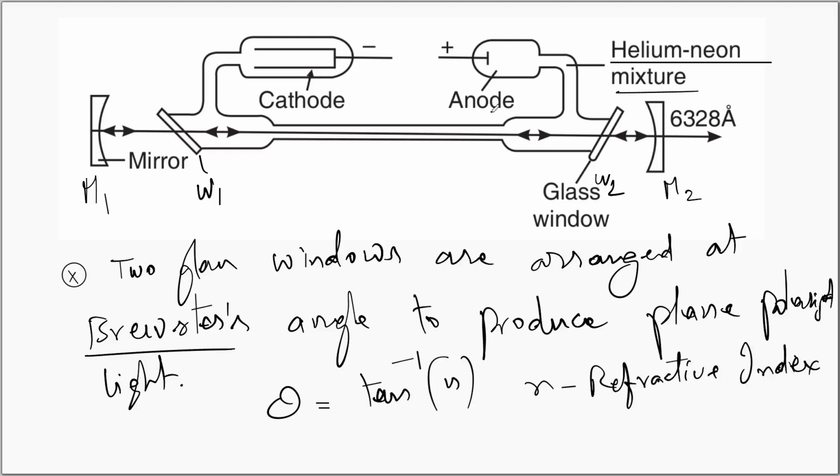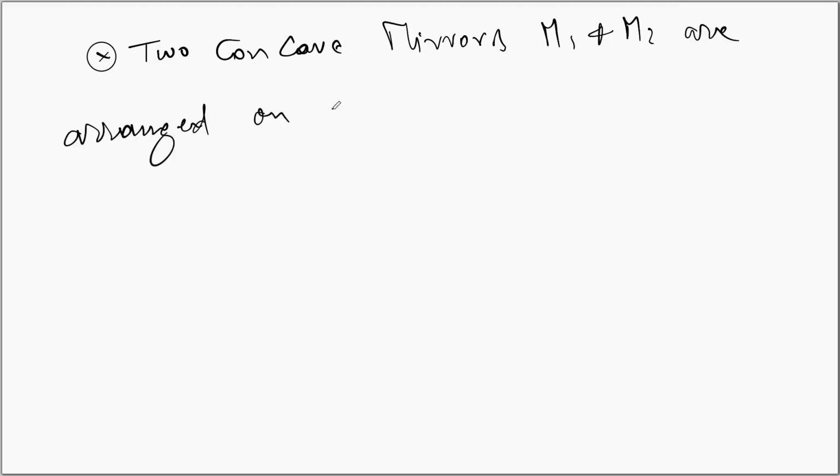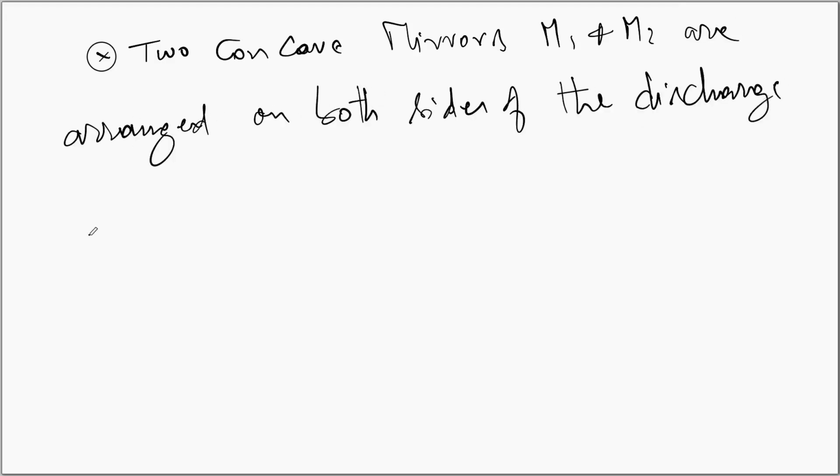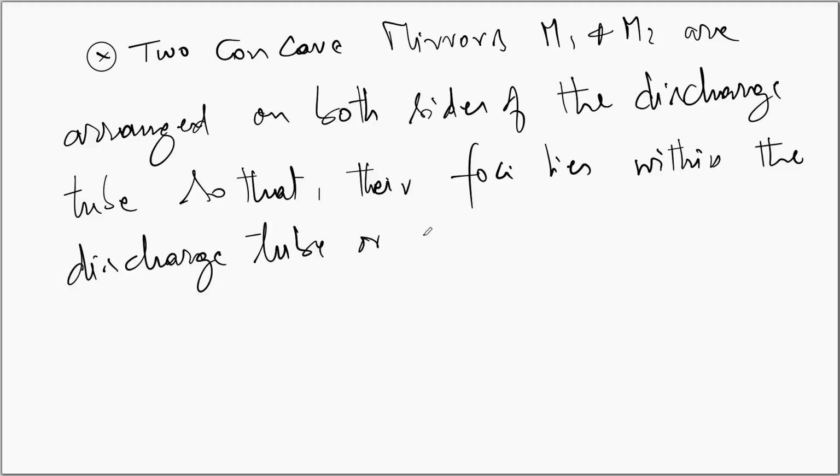We have two concave mirrors M1 and M2 that are made up of some dielectric, could be glass, on both sides of the quartz tube. These two concave mirrors are arranged in such a fashion that their foci lie within the interior of the discharge tube.